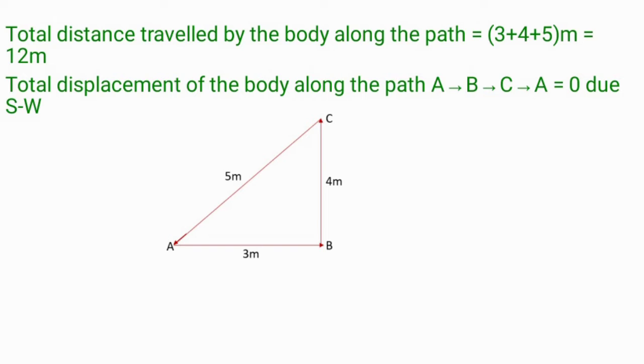But the total displacement of the body along this path, that is along ABCA, will be 0 and its direction will be southwest. The displacement is 0 because the initial position of the body as well as its final position is A. So there is no linear distance between initial and the final position.